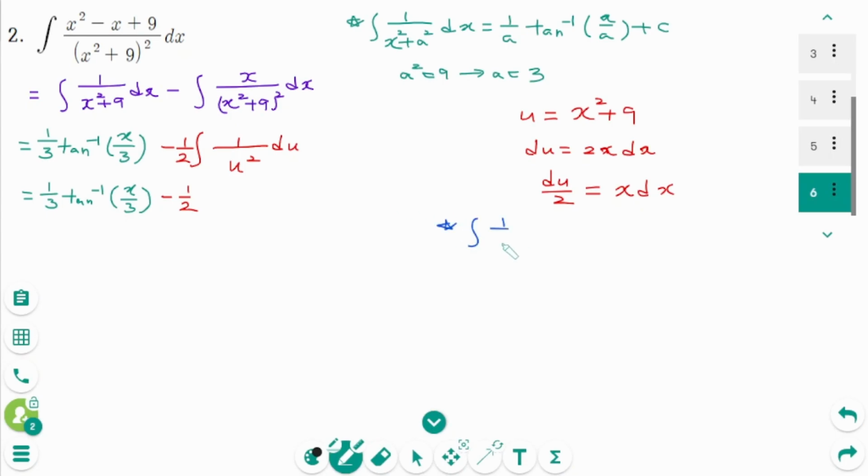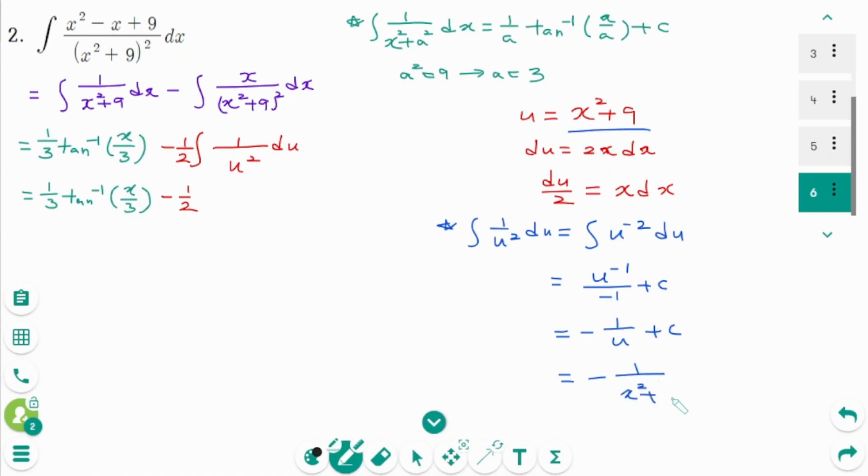the integral of 1 over u squared du is the integral of, making the power form, u to the power of minus 2 du, which is u to the power of minus 1 over minus 1 plus c. We can rewrite as minus 1 over u plus c, where u was x squared plus 9.